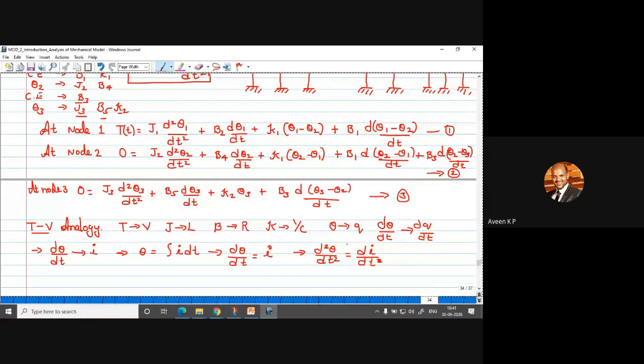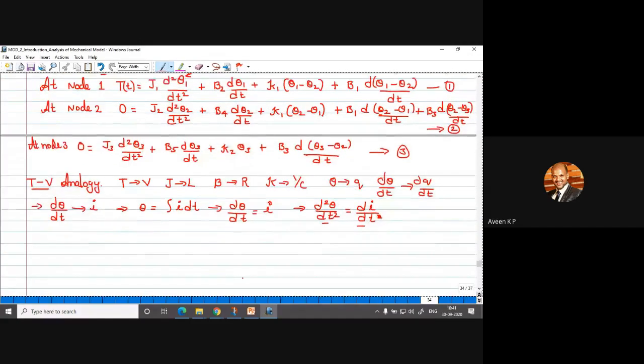See, we are converting that in order to substitute here. For example, for the first equation, if I want to represent it in torque voltage analogy, J1 will be replaced by L1 and d square theta 1 by dt square will be replaced by this particular expression, that is di by dt. So we shall write the first equation in terms of torque voltage.